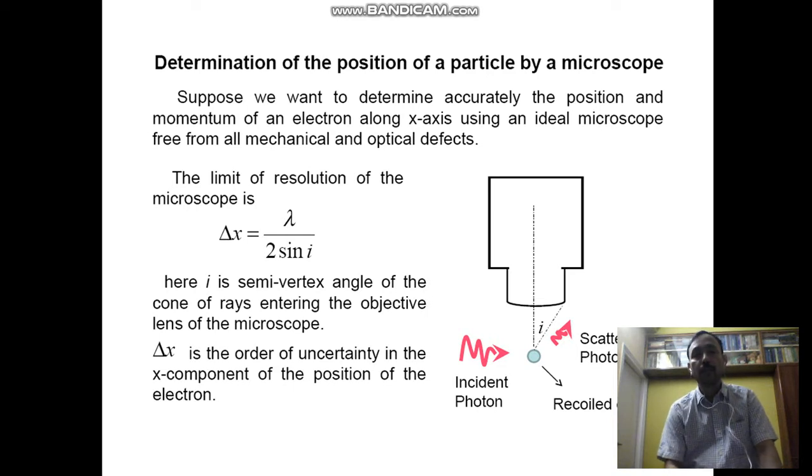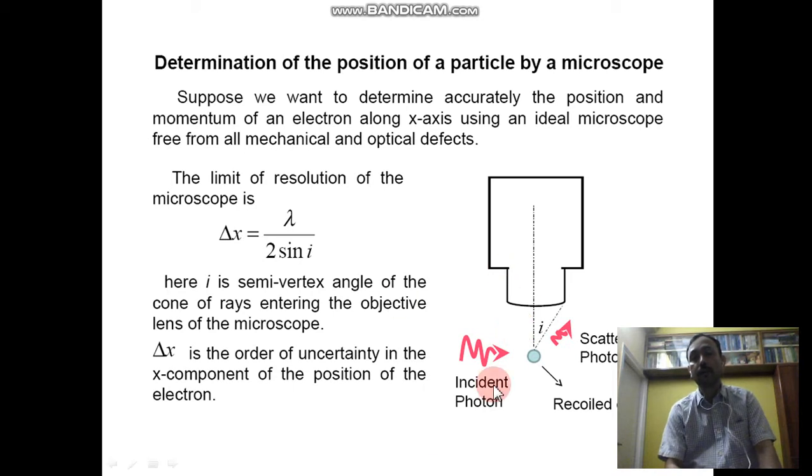The limit of resolution of the microscope is delta x equal to lambda by 2 sin I. Here I is the semi-vertex angle of the cone of rays entering the objective lens of the microscope. Delta x is the order of uncertainty in the x component of the position of the electron.